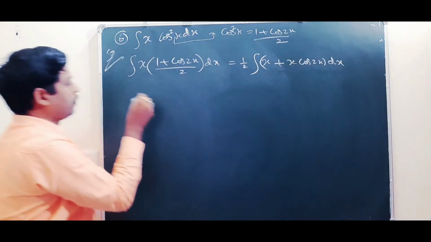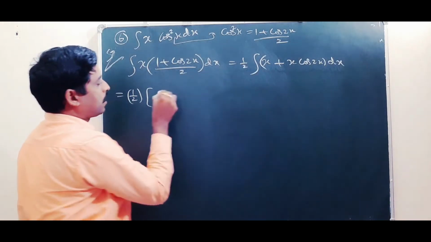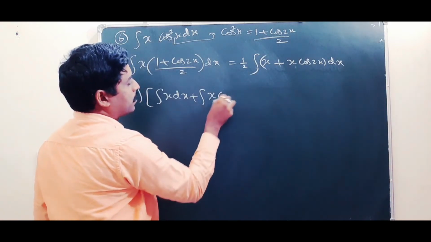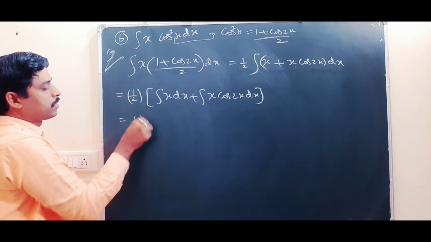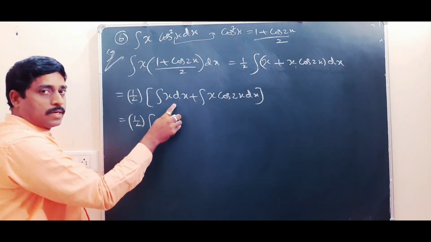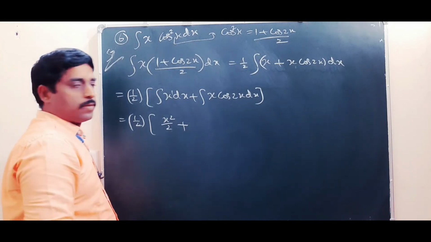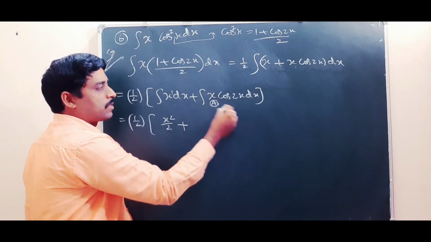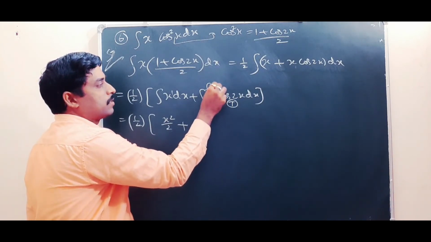It is going to be 1/2 times of integral x dx plus integral x cos 2x dx. So 1/2 times of integral x dx, value x²/2. Okay, by using the integration by parts formula, x is the algebra function, cos 2x is the trigonometry function. So what is the first function?